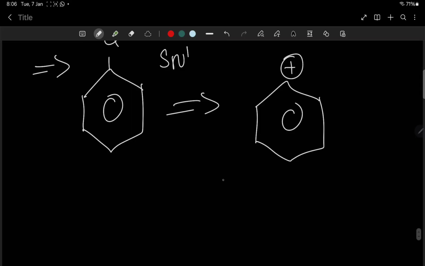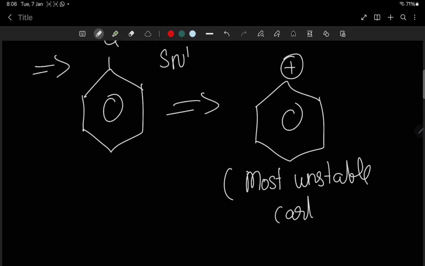You have learned in reaction mechanism that the most unstable carbocation is this, the phenyl carbocation, because this destroys the aromaticity of the compound, and the resonance is disturbed, so this is not preferred.